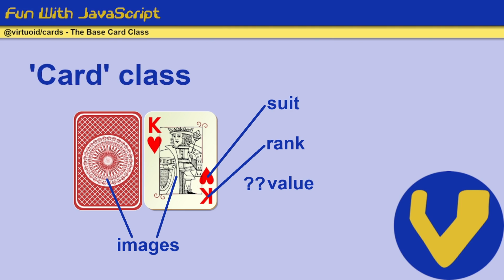So if you don't need to have the images, why put them on the class? So I have purposely left off the front and back images of the cards, specifically because I don't know whether this class will be used within a simulation or within a visual application. So I'm going to leave it up to the application to decide what they want to do with it. All right, so that's going to be our base class there.